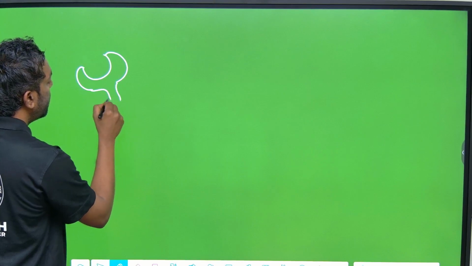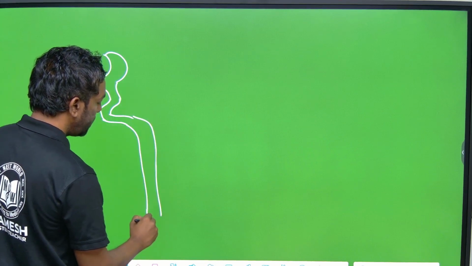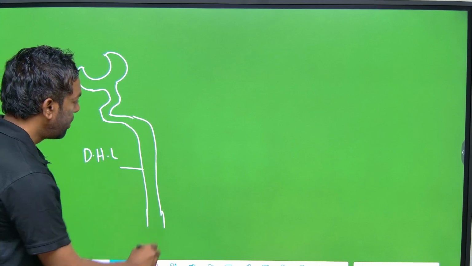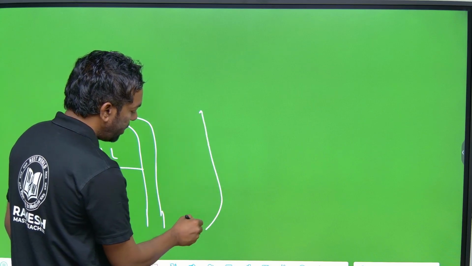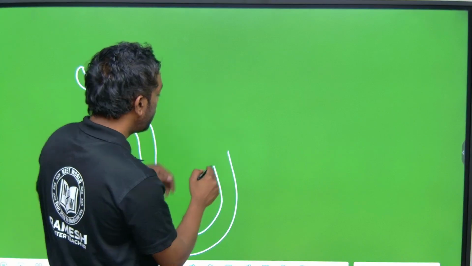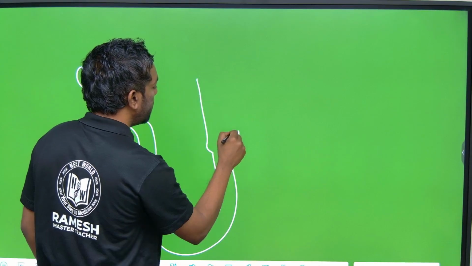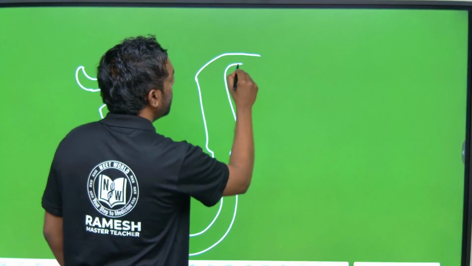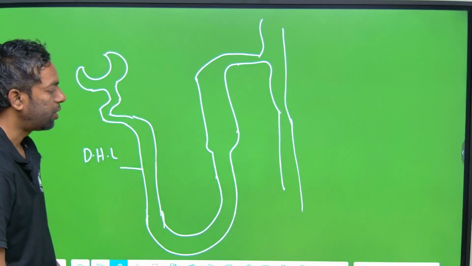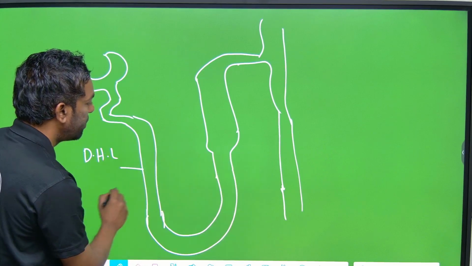This is the nephron, guys. This is the PCT. This is the descending Henle limb. This is the ascending Henle limb, with two regions, thick segment and thin segment. This is the collecting duct, DCT and collecting duct. Here the thick segment is there, the thin segment is there.